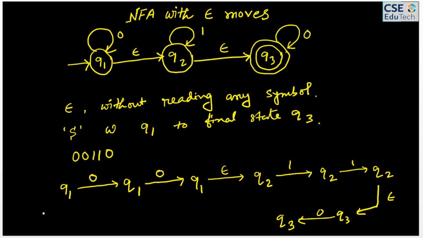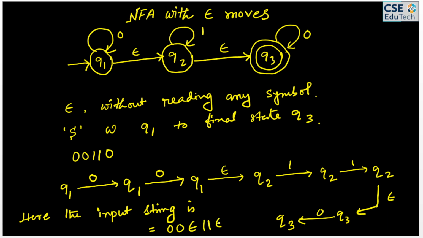So here the input string is 0 0, then epsilon, then 1 1, again epsilon, and 0, which is nothing but 0 0 1 1 0.